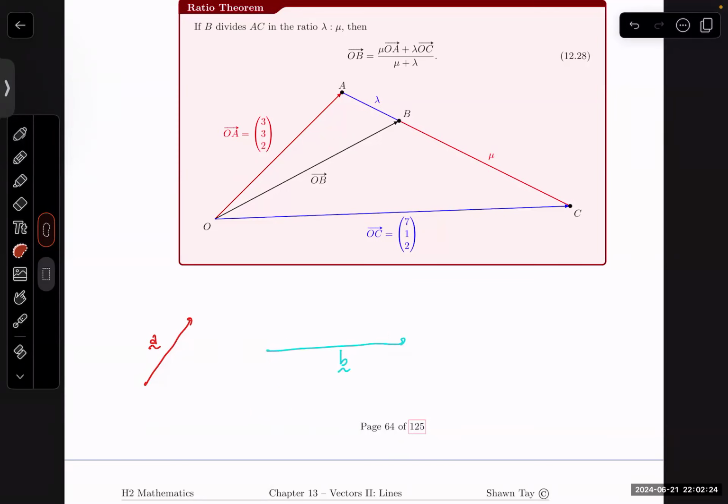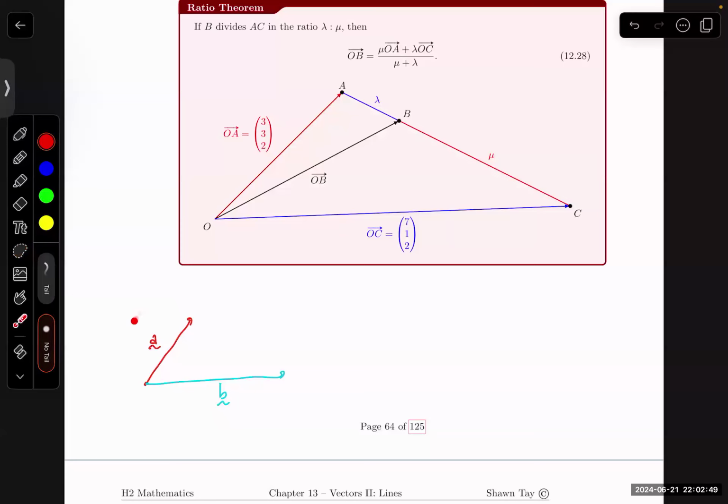Maybe vector B describes from this point to this point, and vector A is from this point to this point. But I can just move my vector B, which is just a set of instructions, to here. It's not tethered to any points. I can move my vectors around.